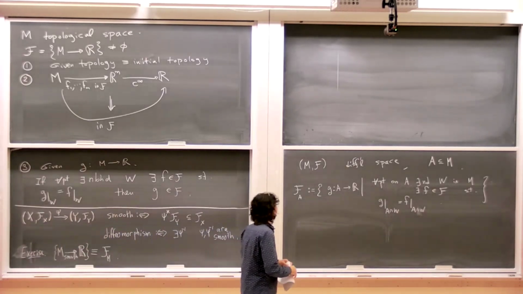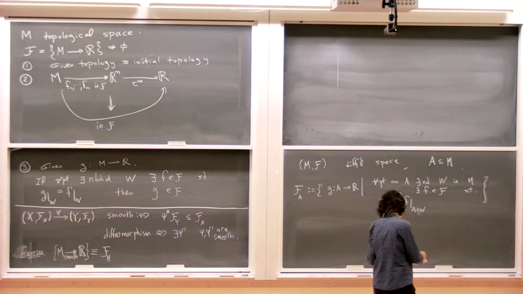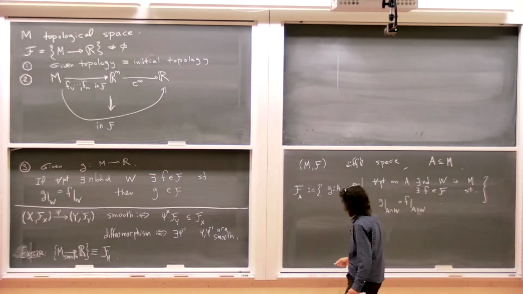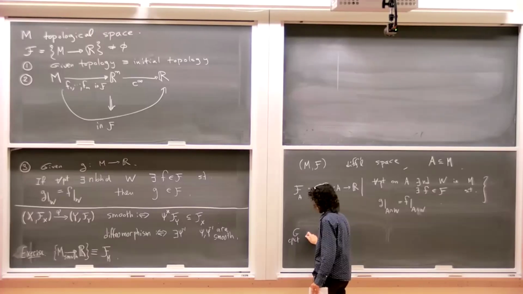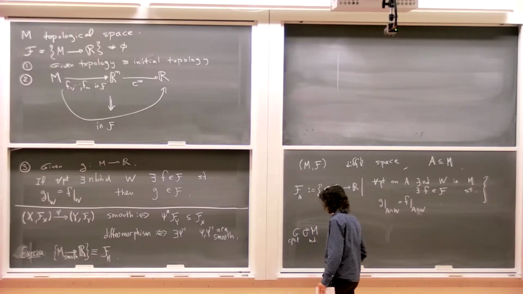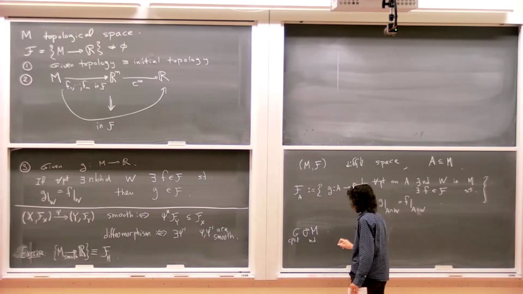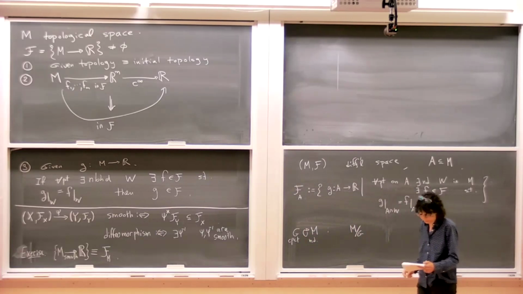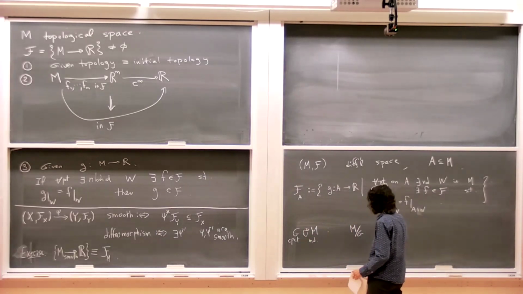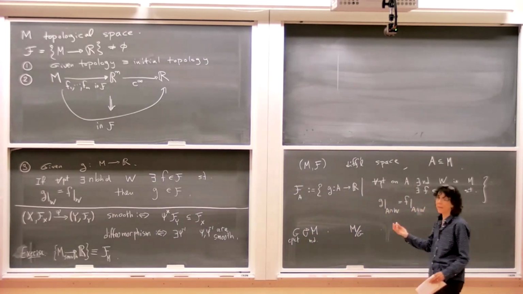And maybe I will mention, since I mentioned subspaces, quotients. If you have a compact group acting on a manifold, you can take on the quotient the space of smooth functions whose pullback is smooth.